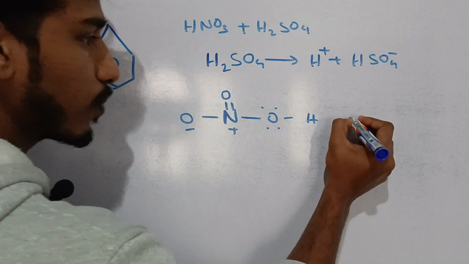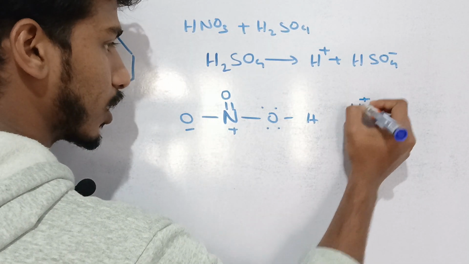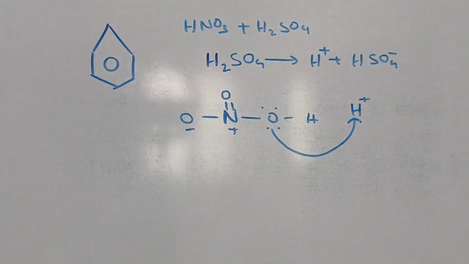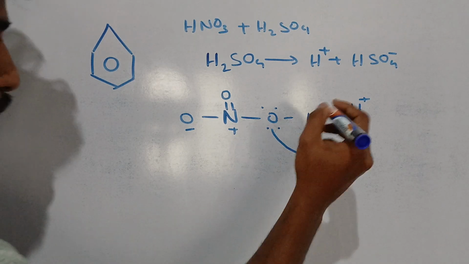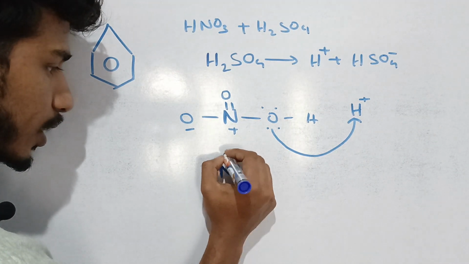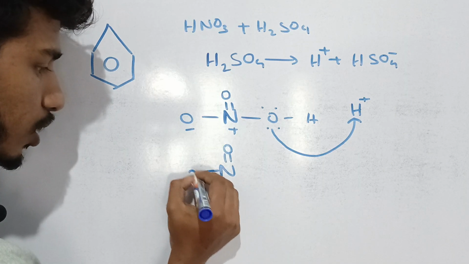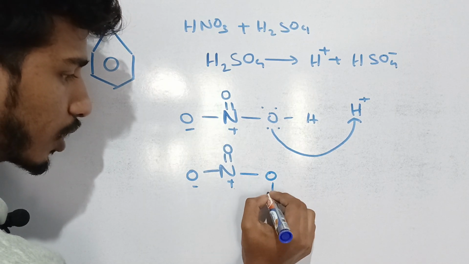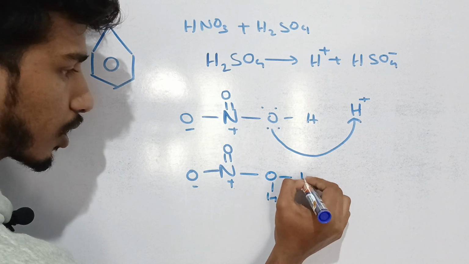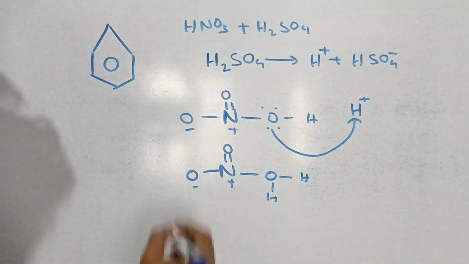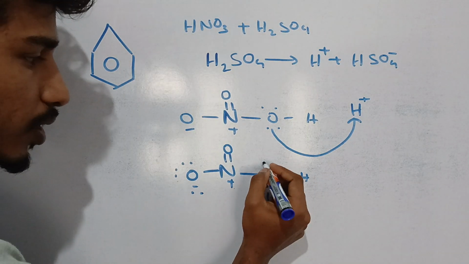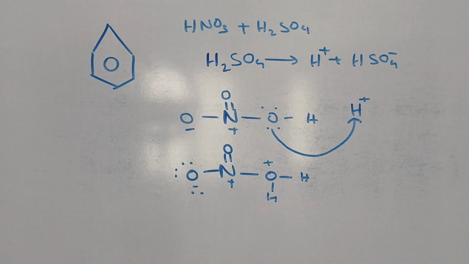So when this proton appears here, this oxygen's lone pair will start capturing it, which will eventually produce nitrogen double bond oxygen. It will remain the same, and we have oxygen, hydrogen and a hydrogen, and of course lone pairs around here, and because of the three bonds we get a positive charge on the oxygen part.